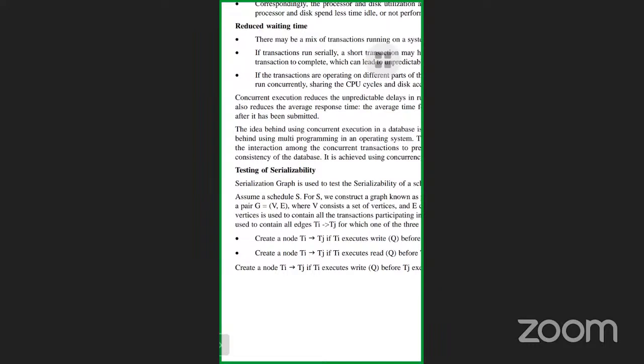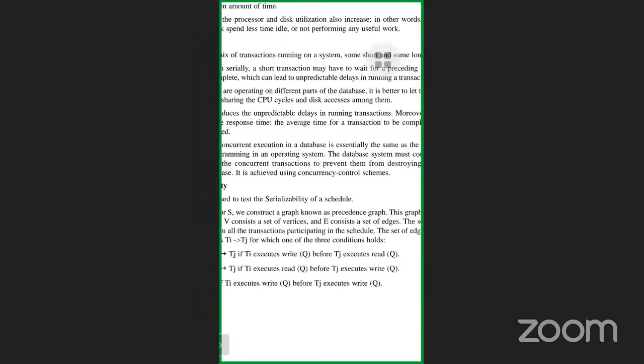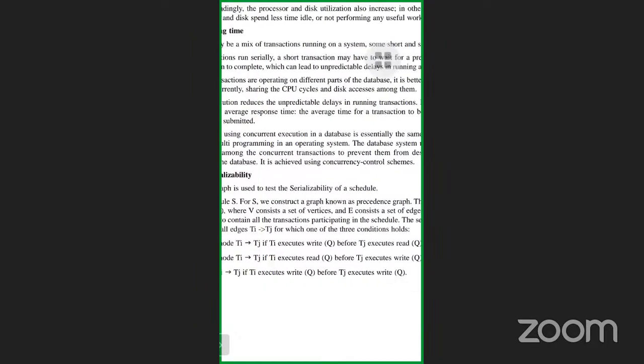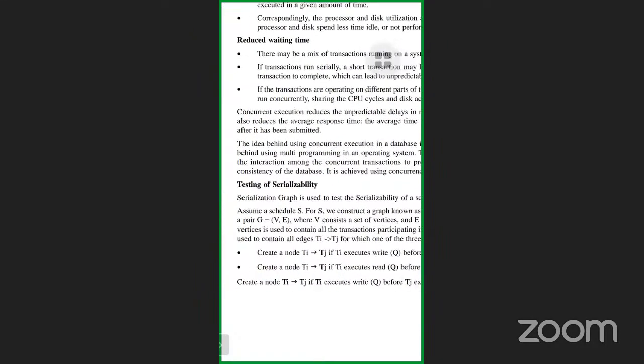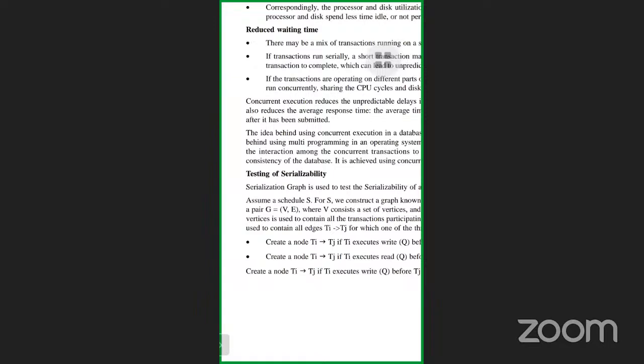So concurrent execution reduces the unpredictable delays in running transactions. Moreover, it also reduces the average response time, the average response time for a transaction to be completed after it has been submitted. So it's explaining some about transactions.